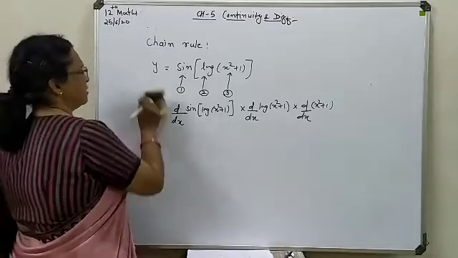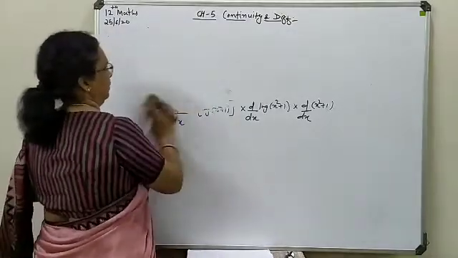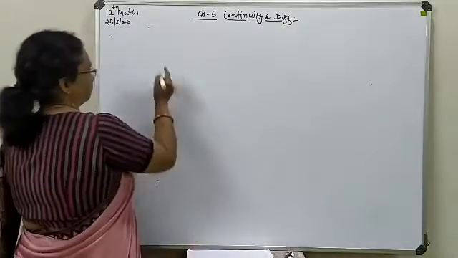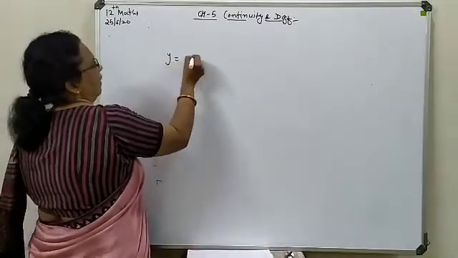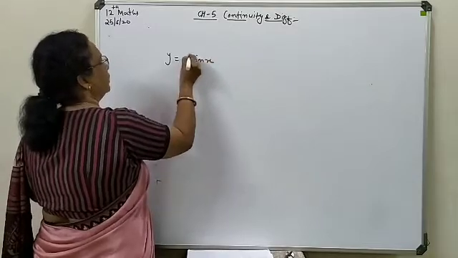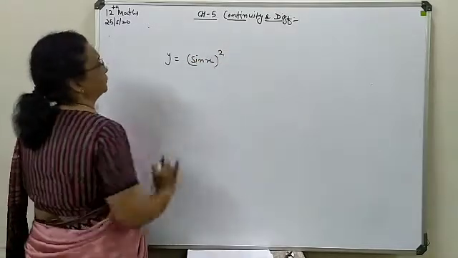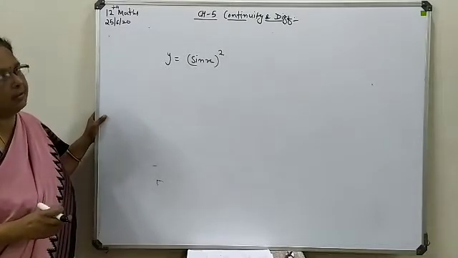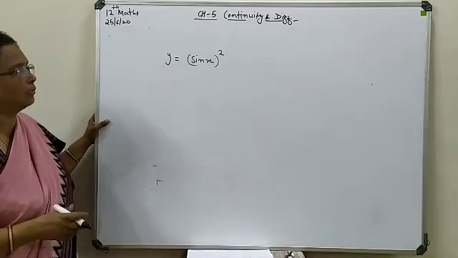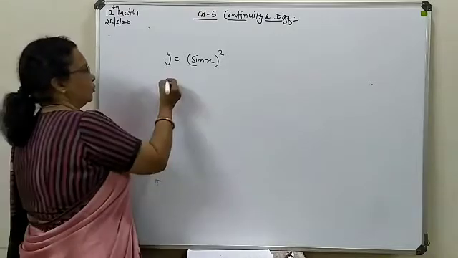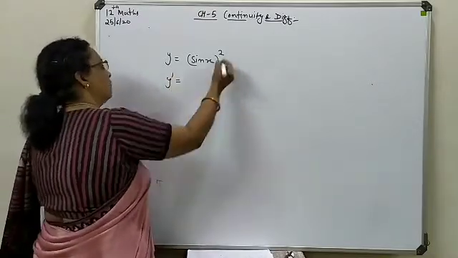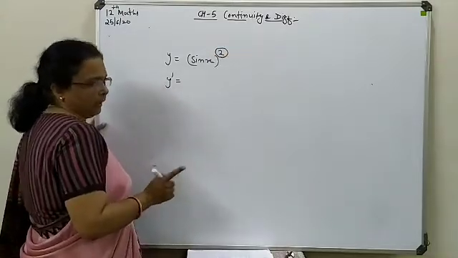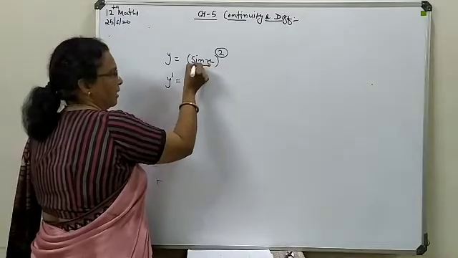Now the second basic concept regarding that, which you can say is again a part of the chain rule: if any of the terms is available with a certain power, this is a square of the sine term. So how to differentiate it? To differentiate it, first of all you will consider this one as the exponent and this one as the base x.